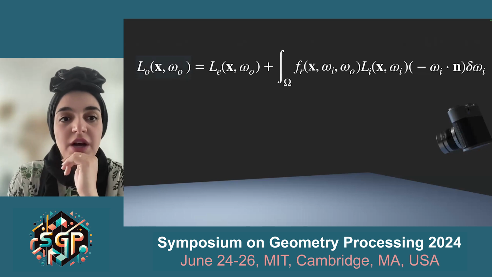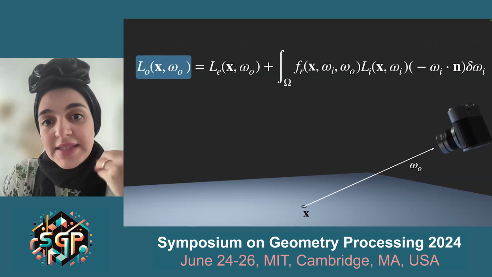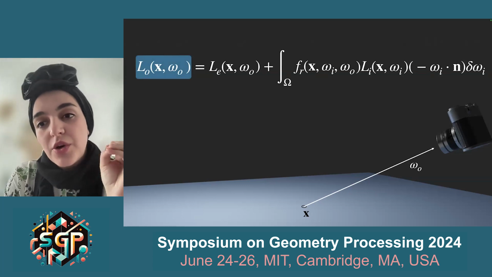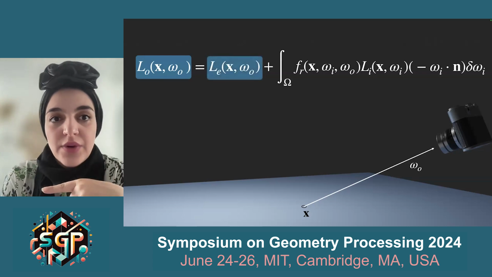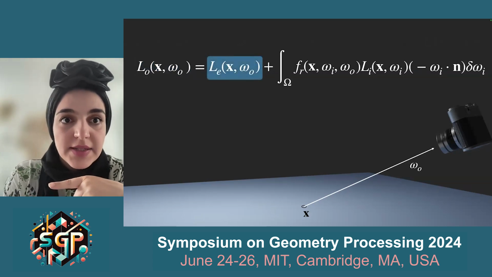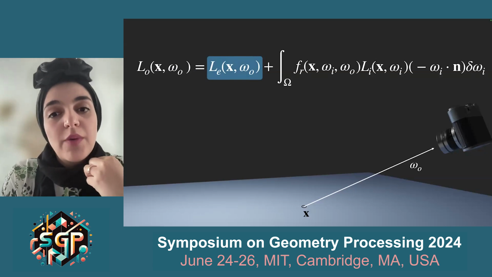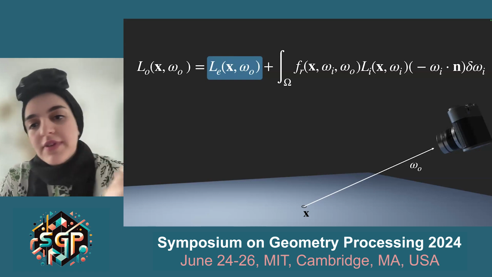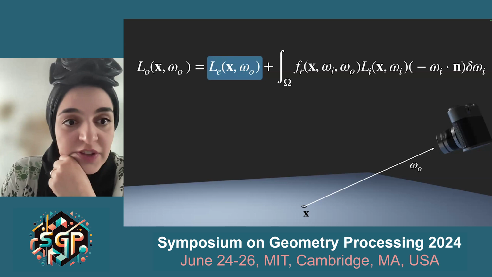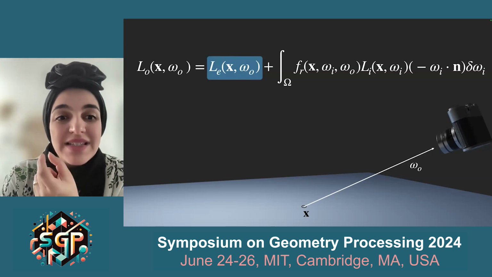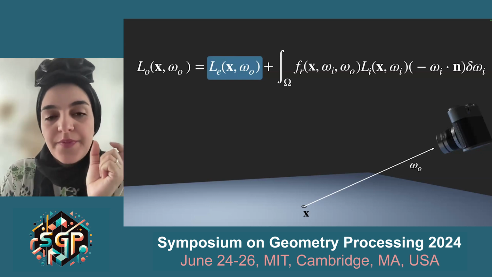On the left, we've got an expression that represents the light that I can see that arrives along direction omega O from point X. The first component on the right part is describing emitted light coming from point X, going along the vector omega O toward the camera or eye or a viewer. So this is the point that emits light because it's a light source itself.